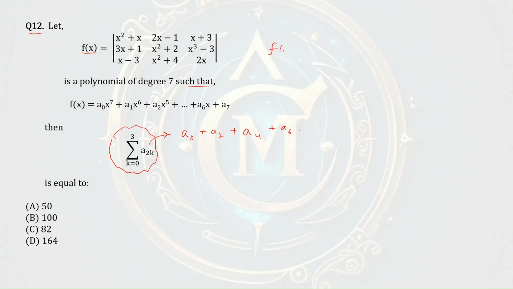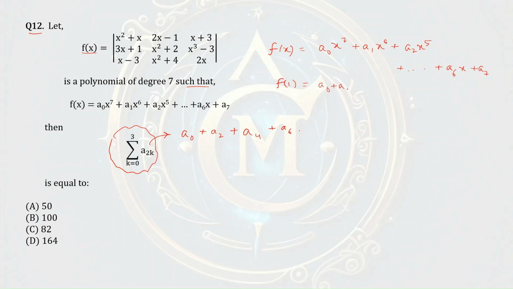Now we observe that f of x is given like this. So f of 1 will be simply the sum of all coefficients.